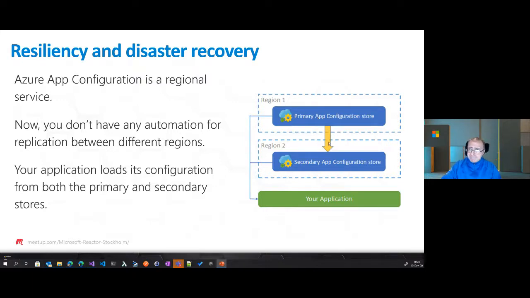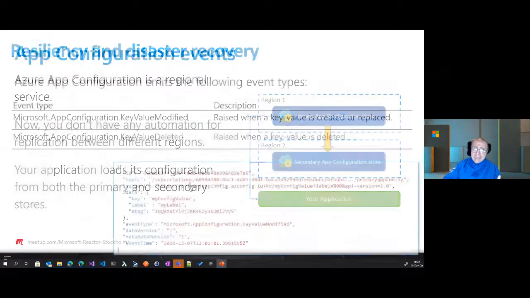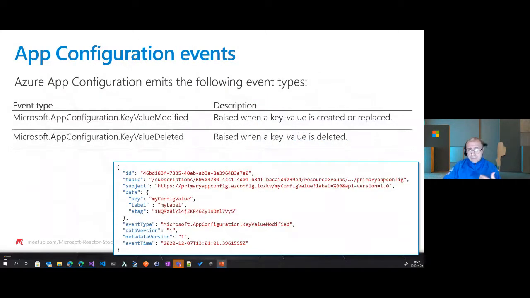The problem is how I can synchronize, how I can replicate the data when I add a new key-value pair in the primary. I want this value to be automatically replicated in the secondary one. How can I do it? I can use the events emitted by the app configuration. The app configuration emits two kinds of events.